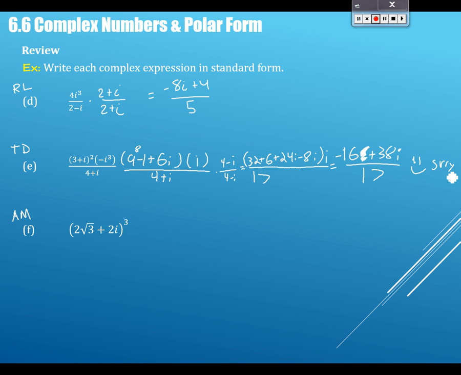Alright, we're gonna move on here. Are you good on D and E at least? And you understand how to multiply by the conjugate? This should be all review, but I know it's been a while. Can you write it quickly?